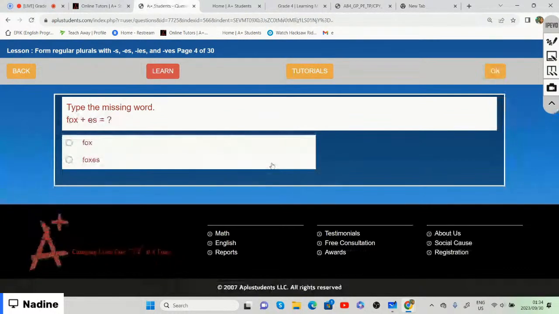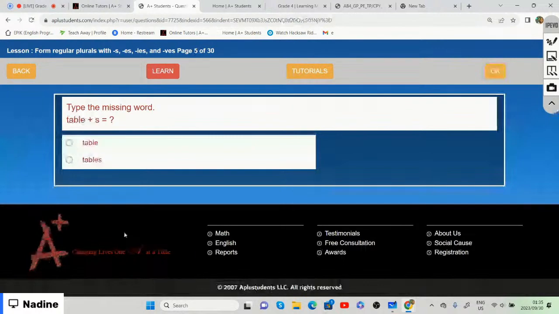Fox plus es. Is it fox or foxes? So fox plus es, then we can say it is foxes. And we added the es.